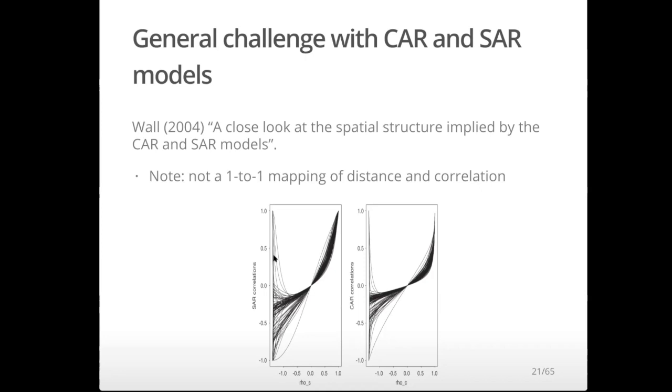Because of these weird relationships, I've steered clear of these approaches, but they are still pretty commonly used, especially for areal type data.